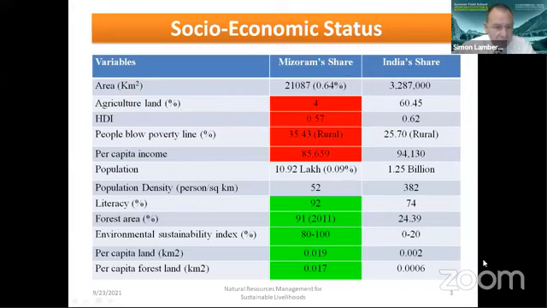The gray area is that agricultural land is only 4%, and most of the people depend on cultivating agriculture for their livelihood. The Human Development Index is 0.57, less than India's average. And people living below the poverty line is very high compared to the national average, that is 35.43%.